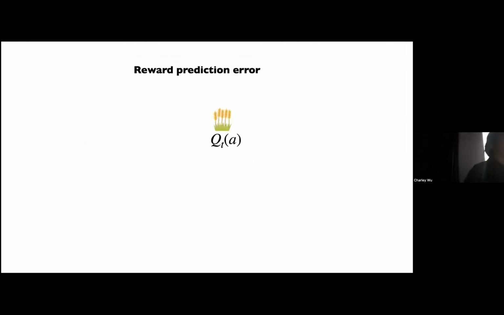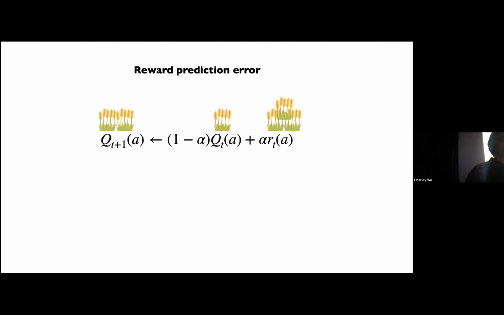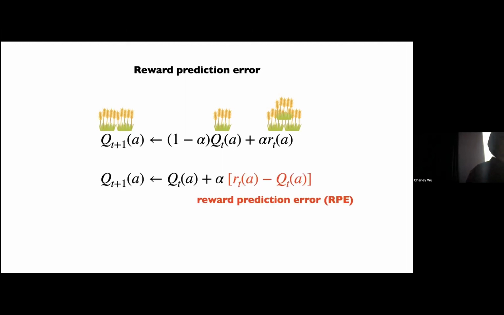We can write down this process using a mathematical formula like this. This is the original Q value, weighted and summed up, producing the new Q value. But this formula is sometimes also written in a different way. When you read reinforcement learning textbooks or journal articles, you might often see the second line formalization, but they are mathematically the same.